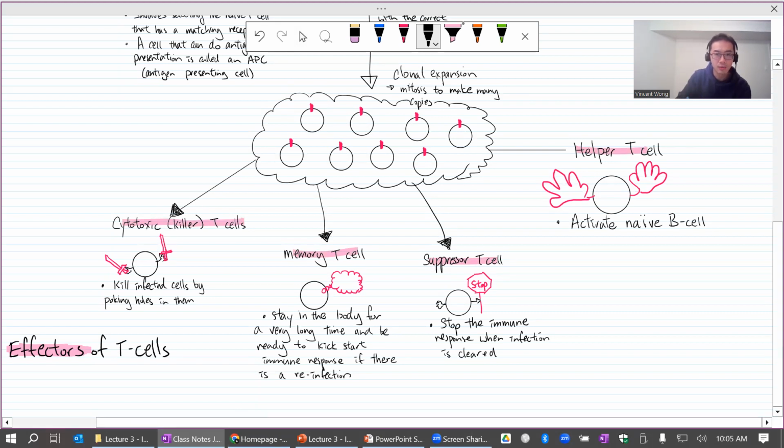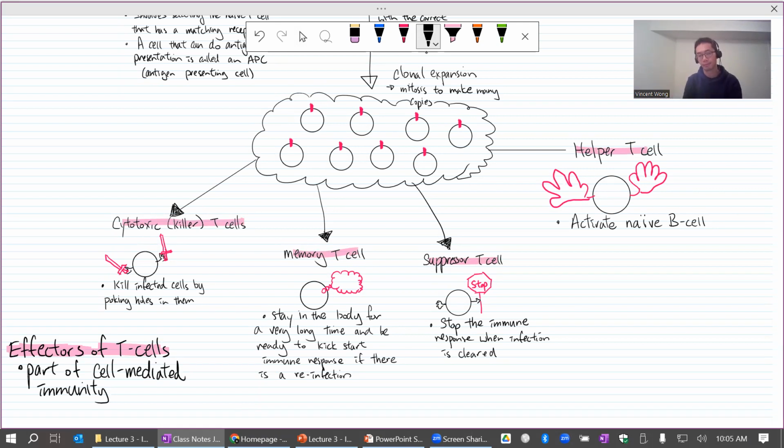If the test asks you which of the following are effectors of T cells, it's these four. And they are part of cell-mediated immunity, which is immunity carried out through cells mostly.